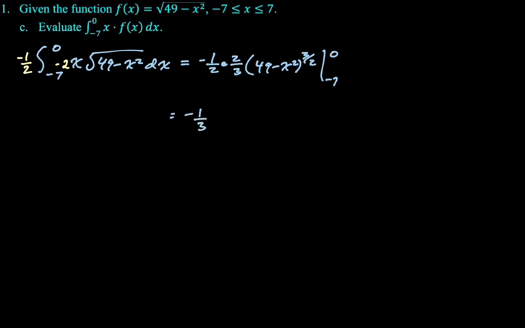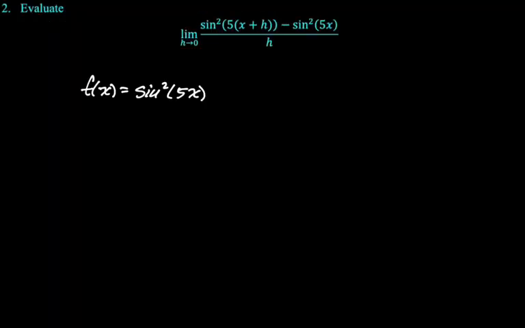So negative 1/3, we will get the 49 to the 3/2, which I think you could probably leave, but when you plug in negative 7, you actually just get 0, which is nice. And then the square root of 49 is 7, and then 7 cubed. So it's negative 1/3 times 7 cubed. 7 cubed is 343, so this is negative 343 all over 3. That's your final answer.